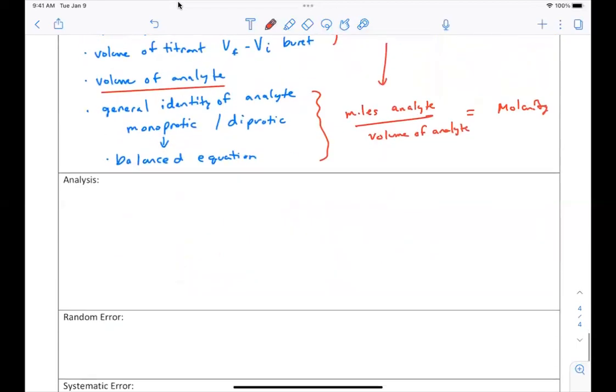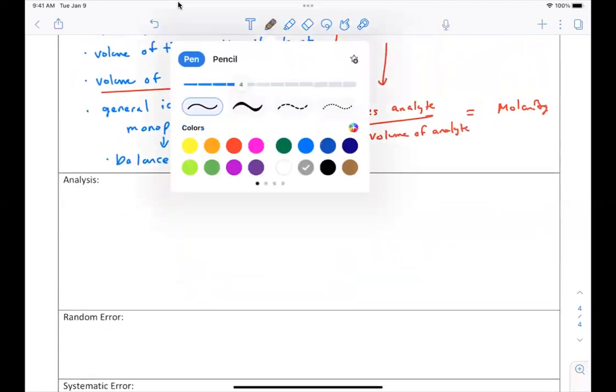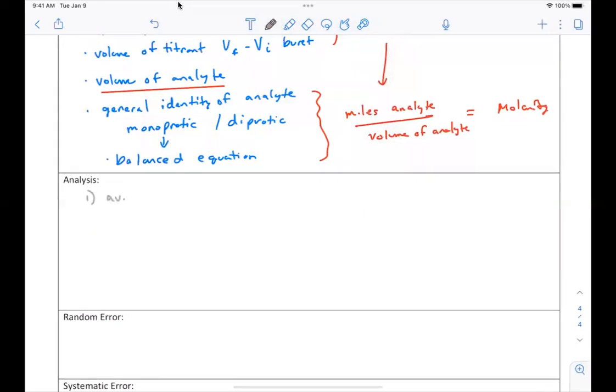Okay. So your analysis: first, you want to get your average volume of titrant used. So you can do all your trials, you average the volume of titrant used, so that way you can just do one calculation. Okay. And to find the moles of titrant, you need to multiply your molarity times your volume.